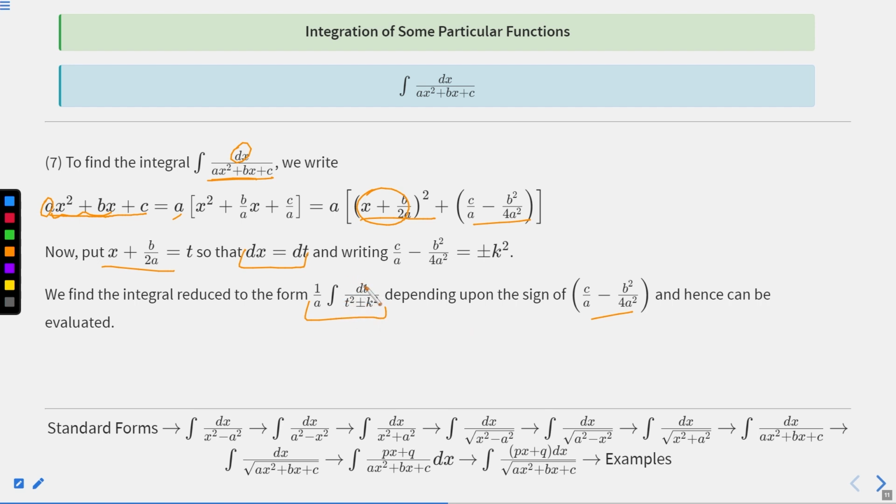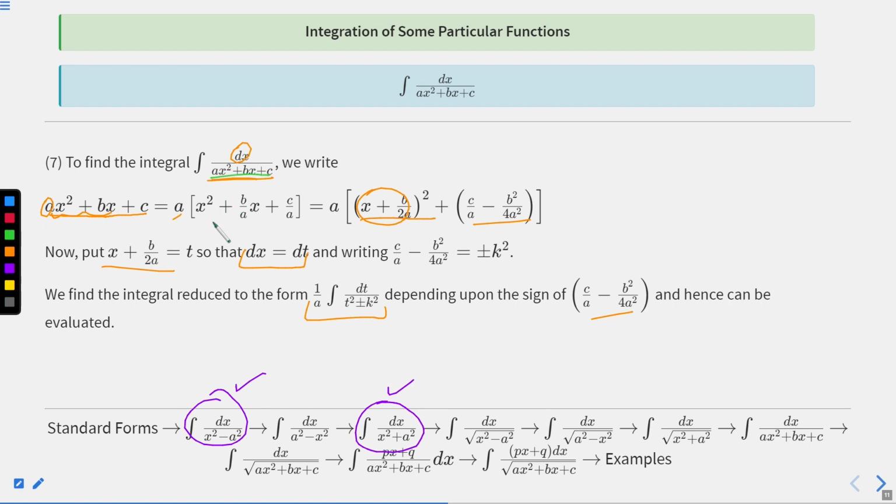Now you can directly use the form integration of a square plus x square, or the x square minus a square form. You have already seen this form. Either you will be using this form, or this one, and you directly know about these forms. So these steps are very easy.